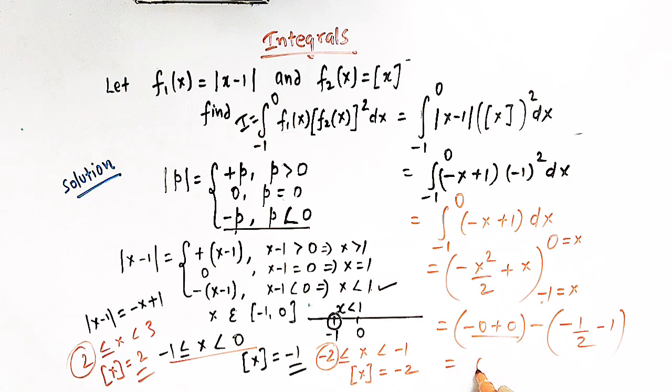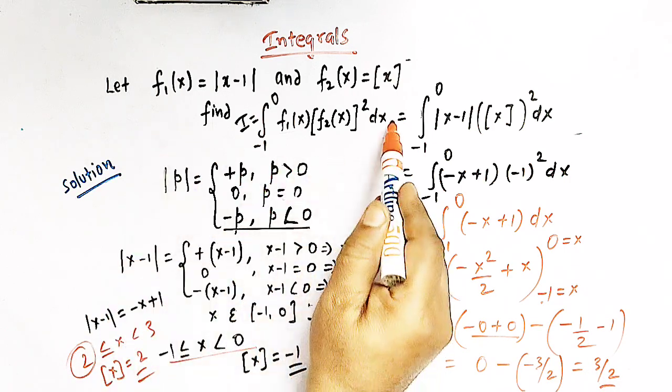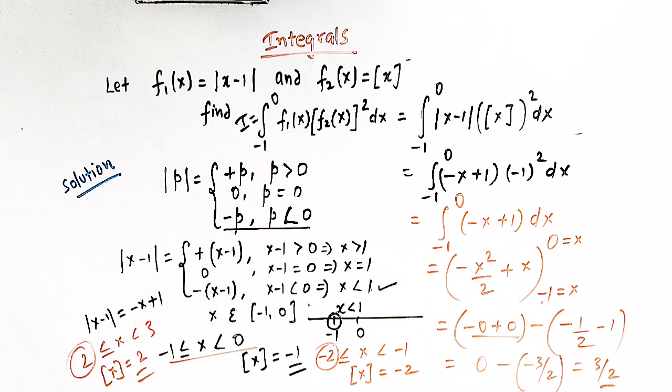So this is 0, and here we have -1 over 2 minus 1 is -3 over 2. So this is a minus minus plus, so we have 3 over 2. So the value of this integral is equal to 3 divided by 2, that is simply 1.5.